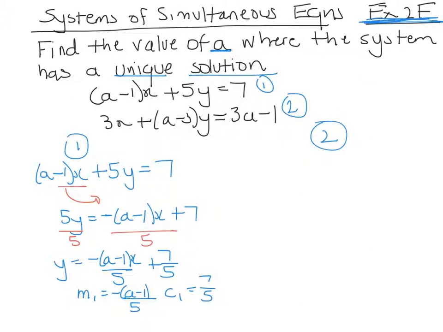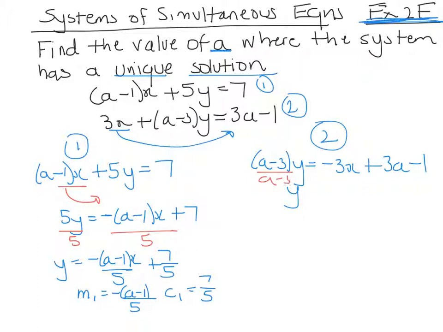Now let's do the same thing with equation number 2. Alrighty, so let me take that across to the other side. I end up with (a minus 3)y is equal to minus 3x plus 3a minus 1, and I'll divide both sides by a minus 3.